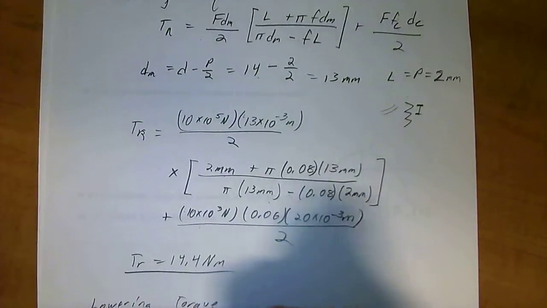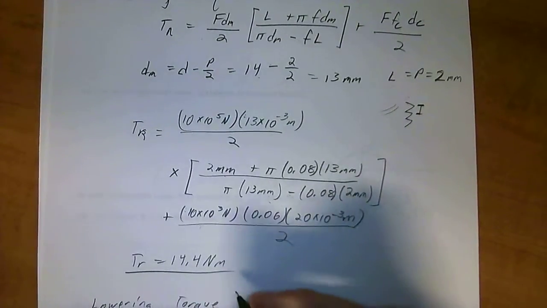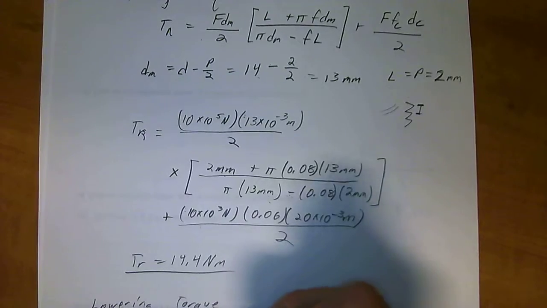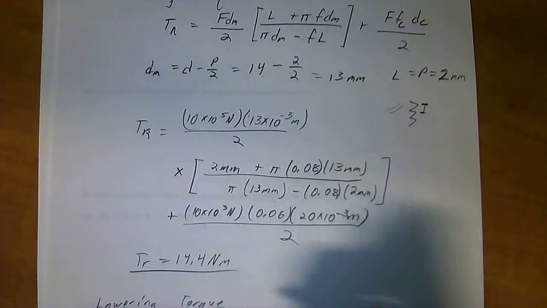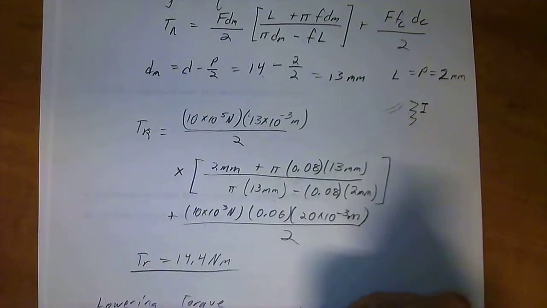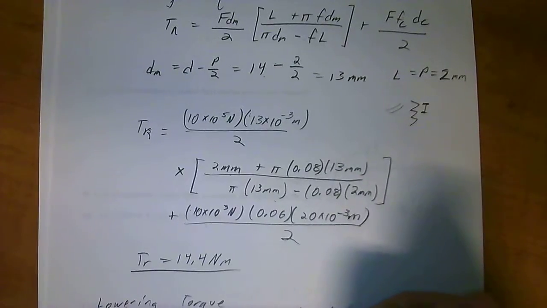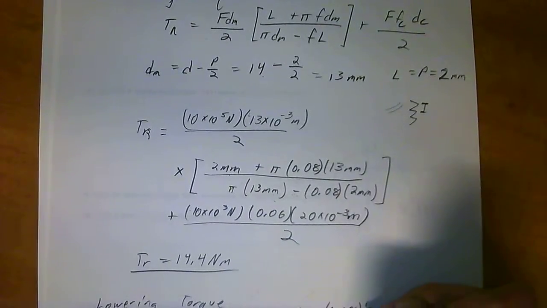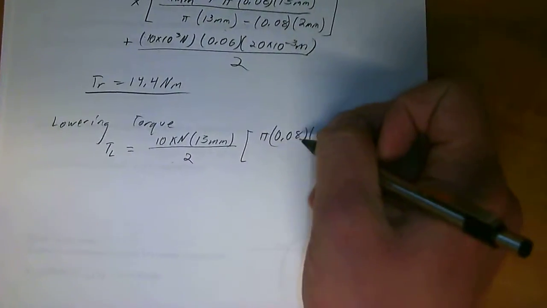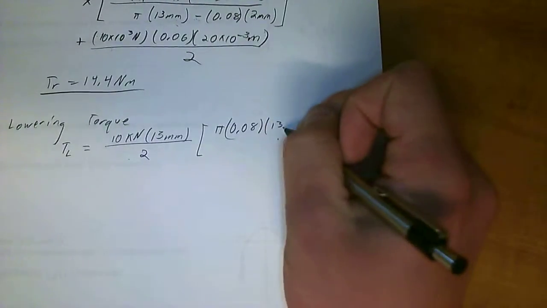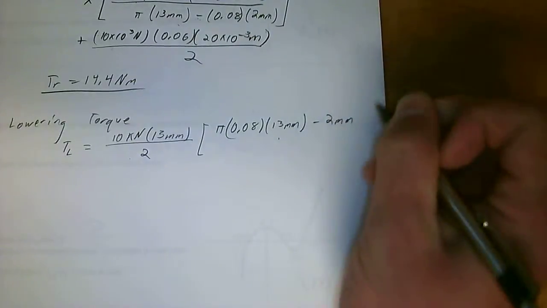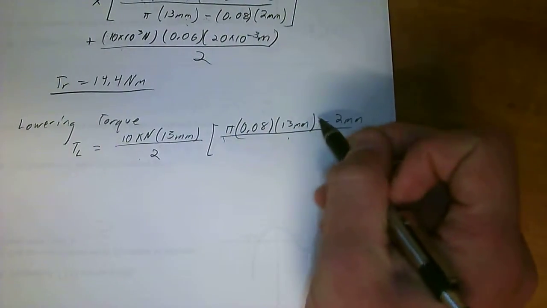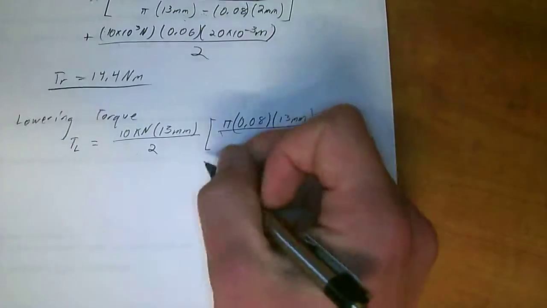So 10 kilonewtons already times 13 millimeters, all over 2 times pi times 0.08 times 13. Oh, sorry. Probably can't see any of that. Okay, there you go. Millimeters minus 2 millimeters, which is the minus, the switch there for lowering.